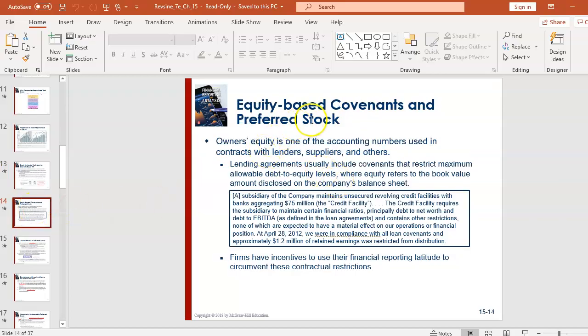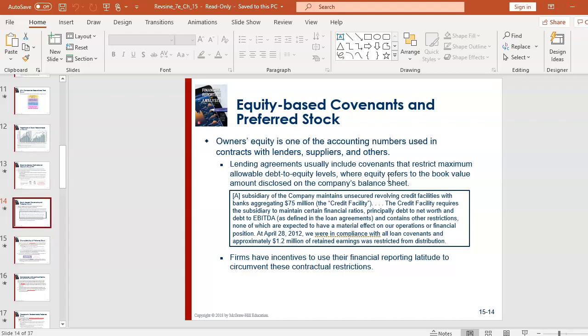And then also, we have what they call equity-based covenants and preferred stocks. What does that mean? So owner's equity is one of the accounting numbers used in contracts with lenders, suppliers, and others. Some lending agreements will include some covenants that restrict allowable debt to equity levels. It's called a debt covenant.